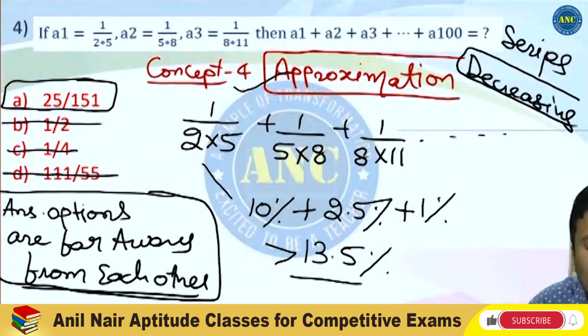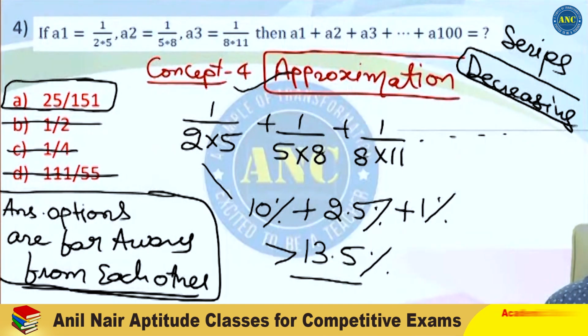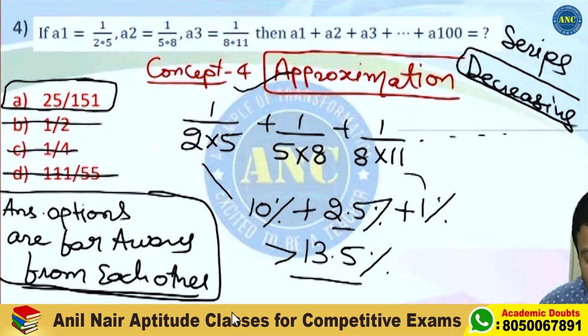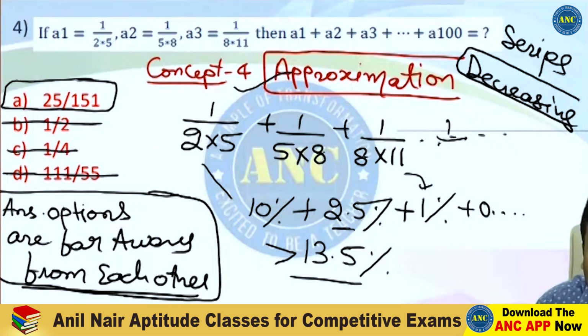When this approximation concept is used and the series is a decreasing series, 2 into 5, 5 into 8, 8 into 11, these give 10 percentage. 1 by 10 is 10, 1 by 40 is 2.5, 1 by 80 is 1 percentage. Then it will be point something. If you see 11 into 14, it is very small.